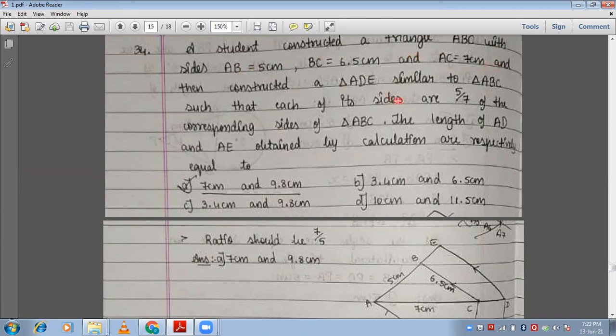And then constructs a triangle ADE similar to triangle ABC, such that each of its sides is 5 by 7 of the corresponding sides of triangle ABC. The lengths of AD and AE obtained by calculation are respectively dash. The given ratio is 5 by 7 of the corresponding sides.